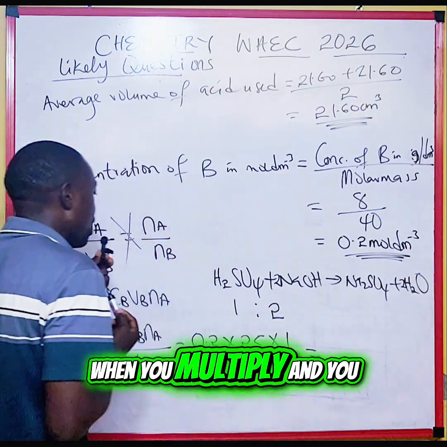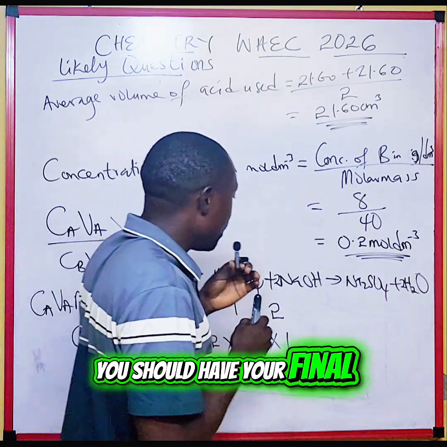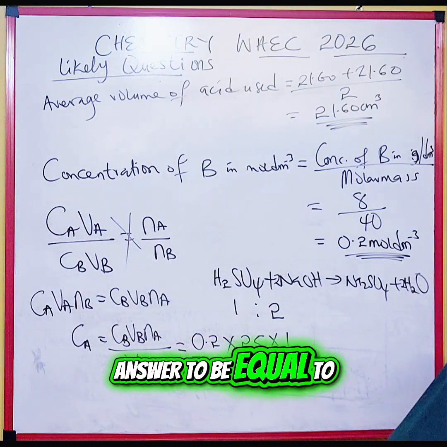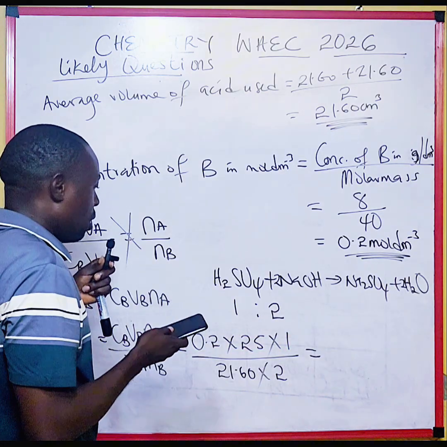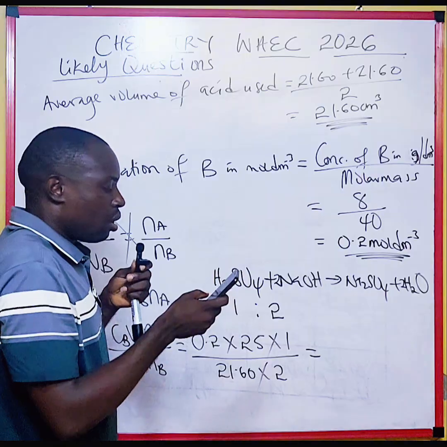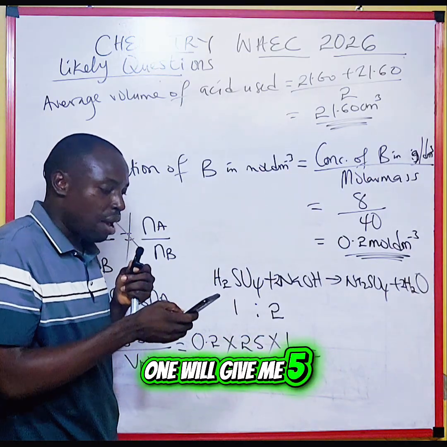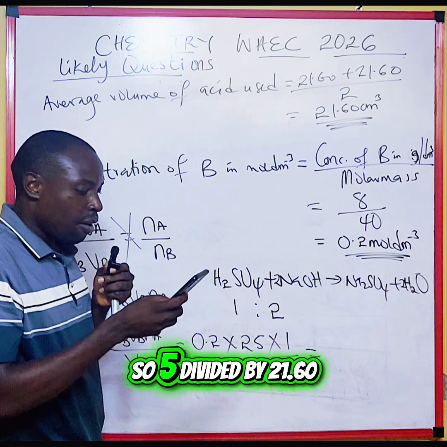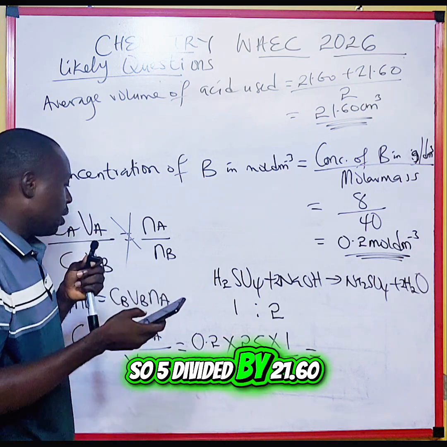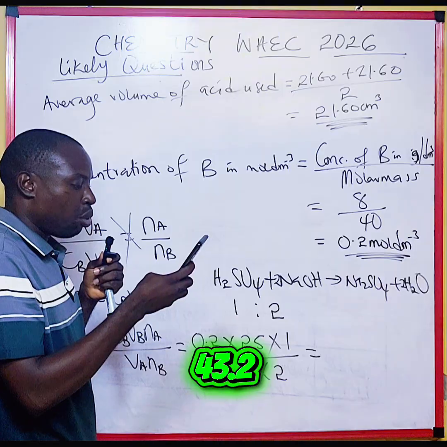When you multiply and you divide, you should have your final answer. So 0.2 times 25 times 1 will give me 5. So 5 divided by 21.60 times 2, which is 43.2.